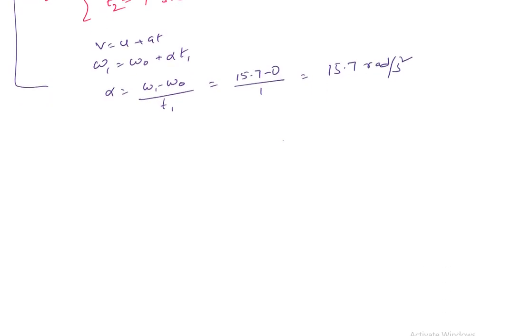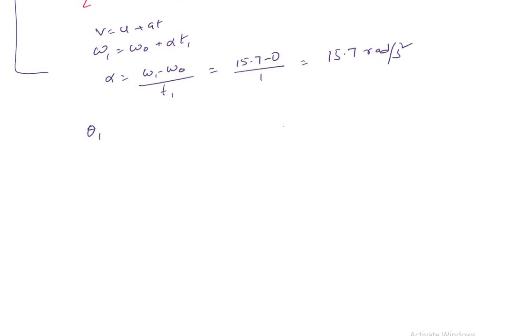Then we calculate theta 1: S equals ut plus half a t squared. Omega naught is 0, so that term becomes 0. Half alpha, which we just calculated as 15.7, times t squared, which is 1 squared.